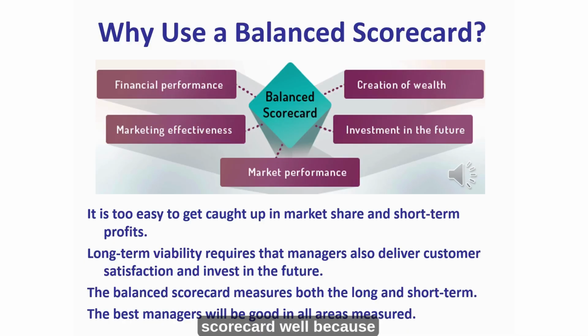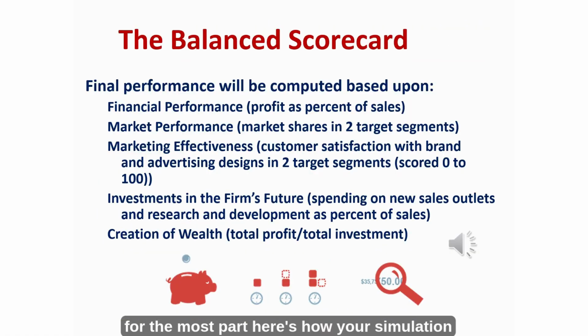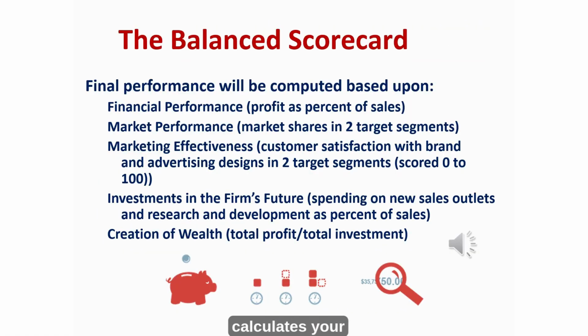So why does your simulation use a balanced scorecard? Well, because all these things are important for a firm's success. Long-term goals, short-term goals. You need to measure all these things to figure out, is the business going to be a successful venture? And for the most part, here's how your simulation calculates your balanced scorecard.